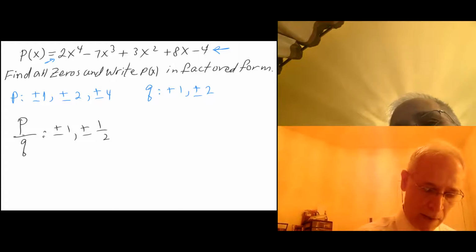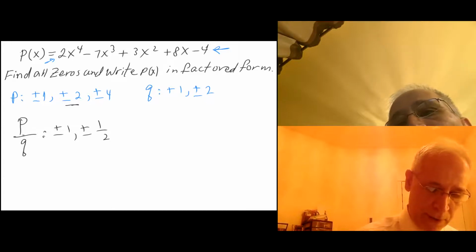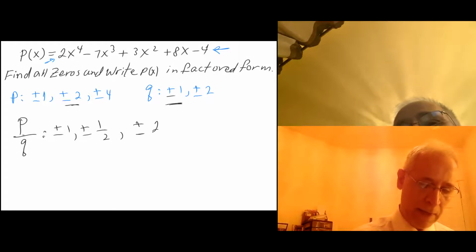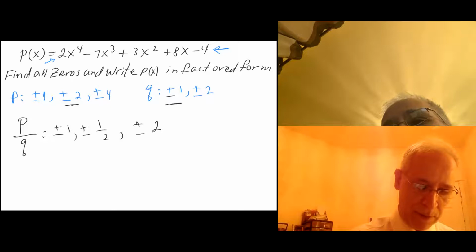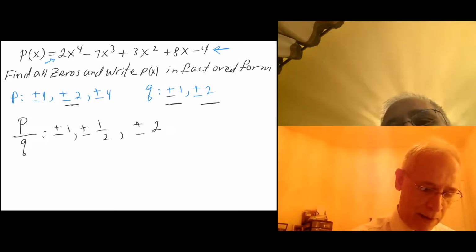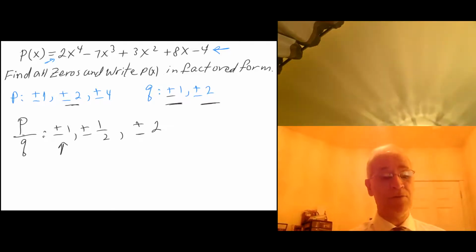Then plus and minus 2 divided by plus and minus 1 gives me plus and minus 2. And plus and minus 2 divided by plus and minus 2 gives me plus and minus 1, but I already have it in here, so I don't have to rewrite it.